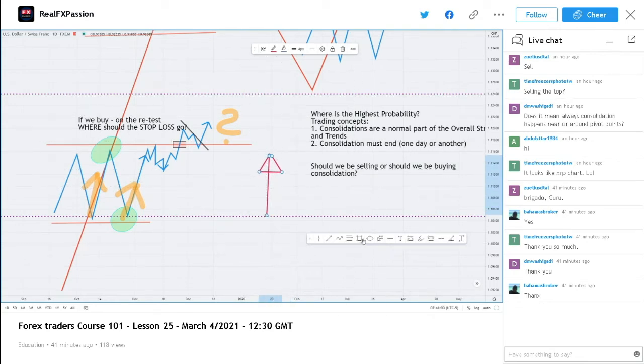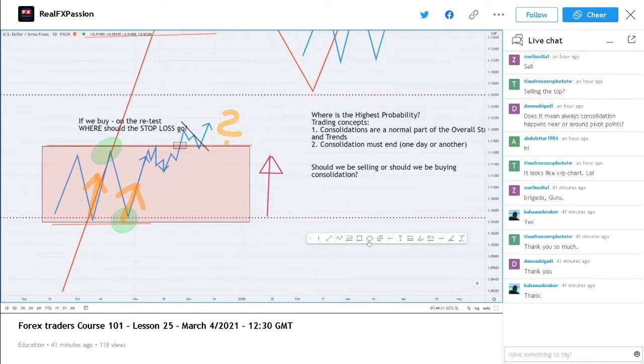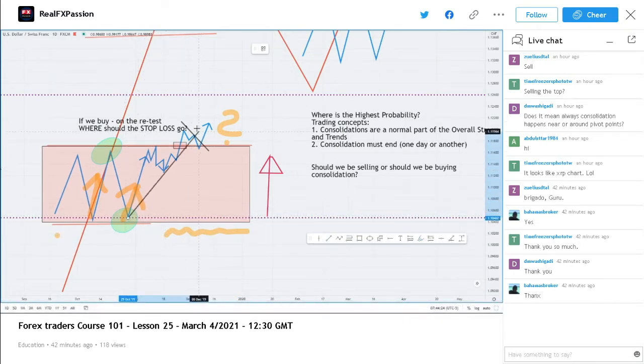Well, one pattern is the channel. This would be one pattern. And so if you are going long, everybody, on the sideways channel, where should the stop loss go? The stop loss should go down here, right? Now, another pattern that you could be trading is the uptrend.